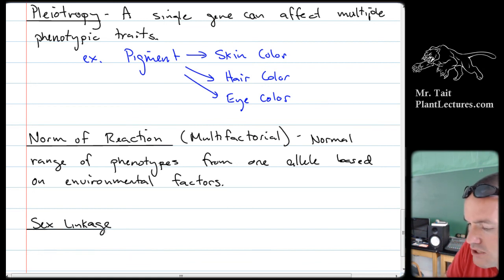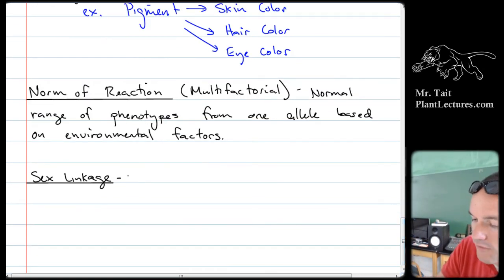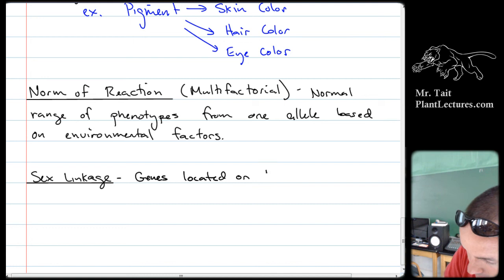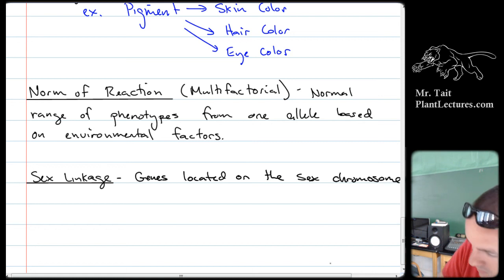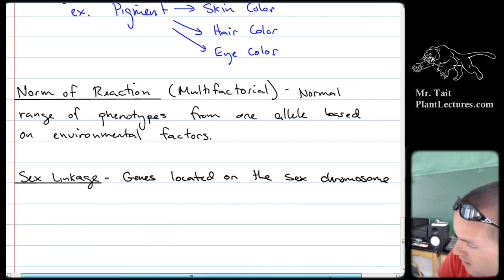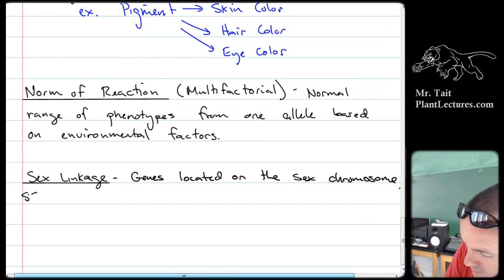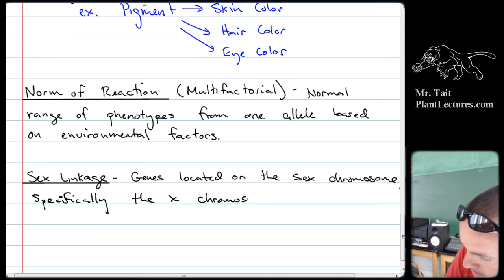And sex linkage refers to when there is a gene that's located on the sex chromosome. Specifically, this would be on the X chromosome in humans.